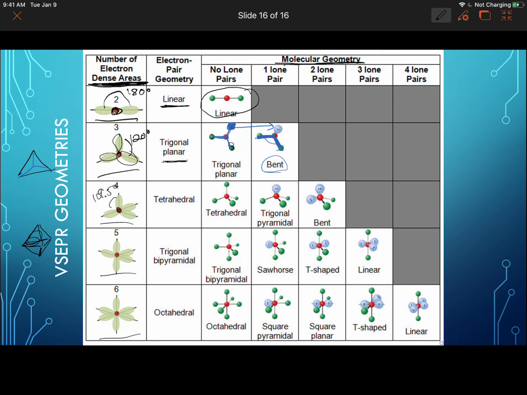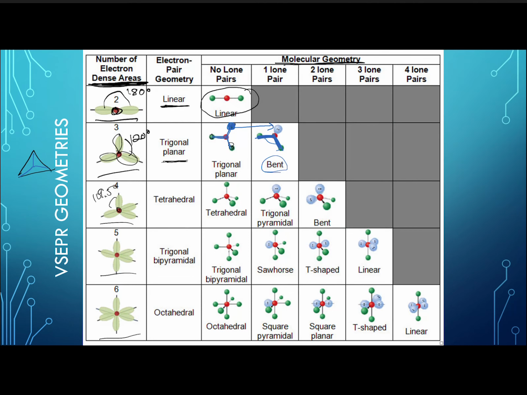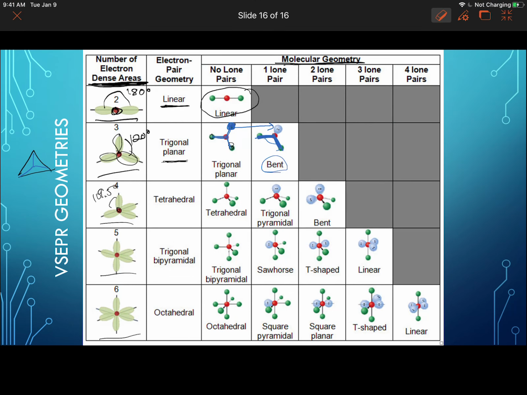There we go. That kind of looks like a tetrahedron. So the peripheral atoms make a 4-sided structure, which is why it's called a tetrahedron or tetrahedral.